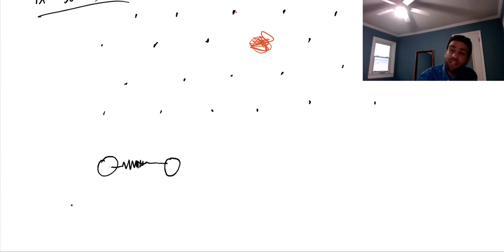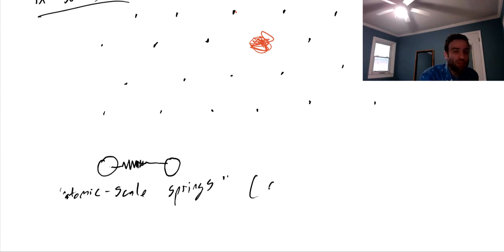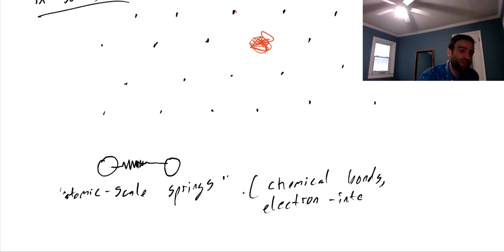An interesting thing about these atomic scale springs, which come from chemical bonds, or electron interactions, the electrons in one atom interacting with the electrons of another atom, all kinds of different things.